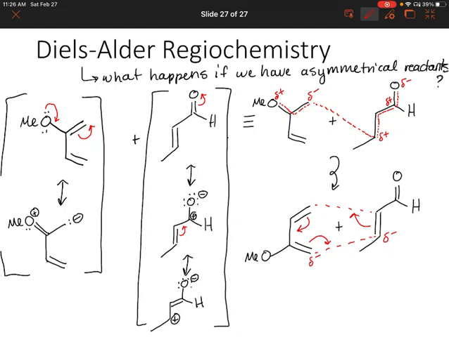Okay, so now we have to figure out in our final product, where are all of the groups going to be positioned in terms of wedges and dashes? So what's the stereochemistry? Okay, so let's look at the aldehyde group. Is the aldehyde pointing out or in?